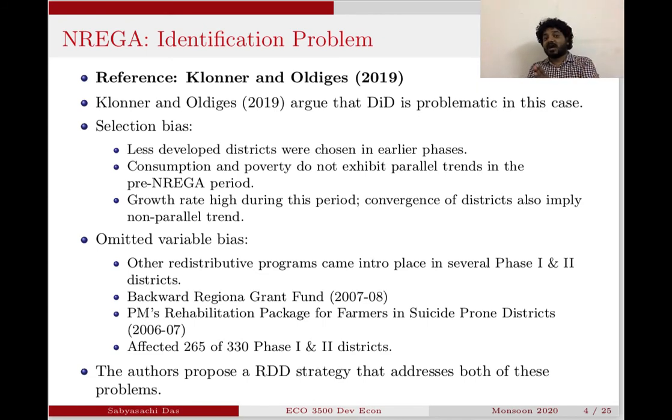But in these other programs like the Backward Region Grant Fund, if they systematically affect the treatment districts more than the control districts, then you are confounding NREGA's effect with these other programs, right? And that's the source of the problem. So that makes the DID approach rather suspect.